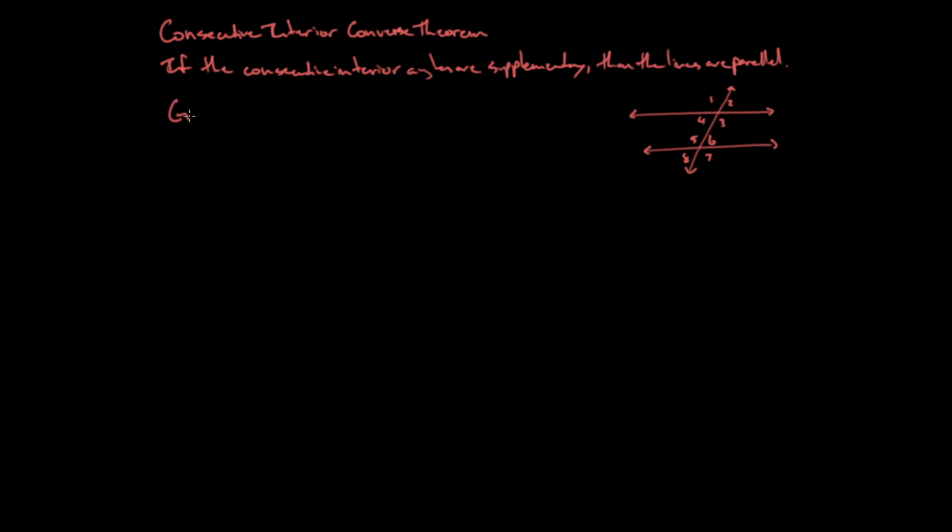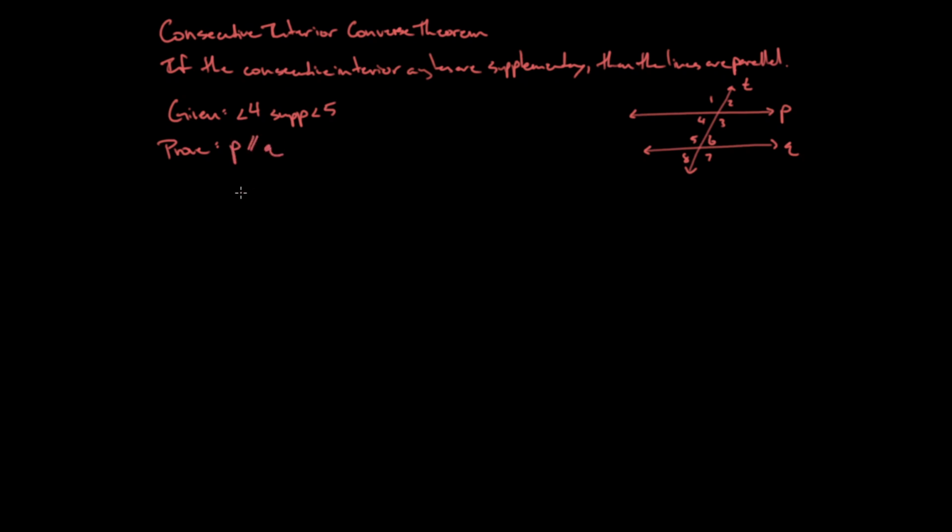So, given that angle 4 is supplementary to angle 5, I want to prove that the lines, P and Q, with transversal T, are parallel. So P is parallel to Q.